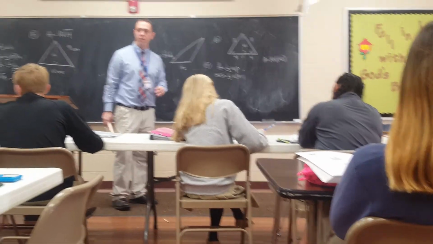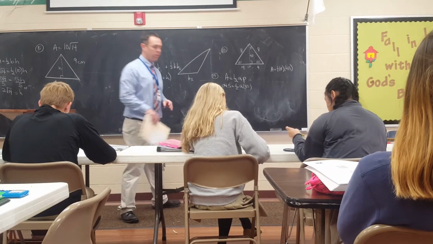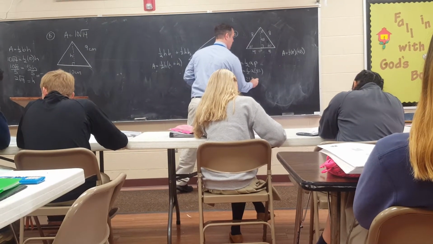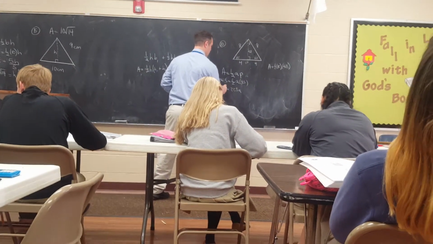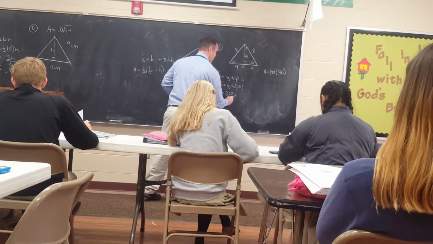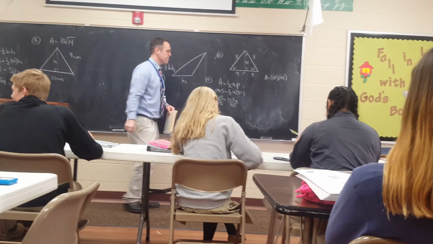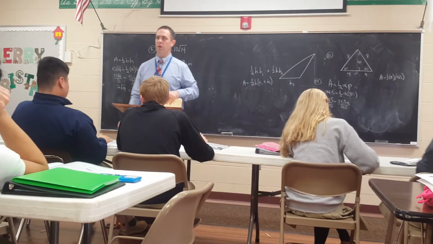Okay, so then we take 45 times 1/2, switch the order, which gives us 22.5. Divide both sides by 22.5. And that should give you your 6.9.